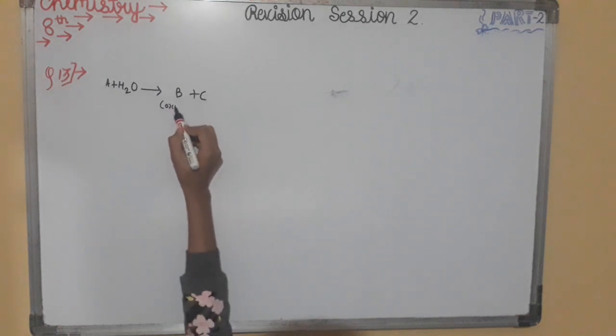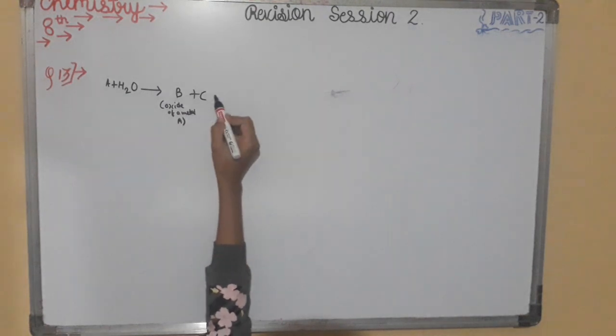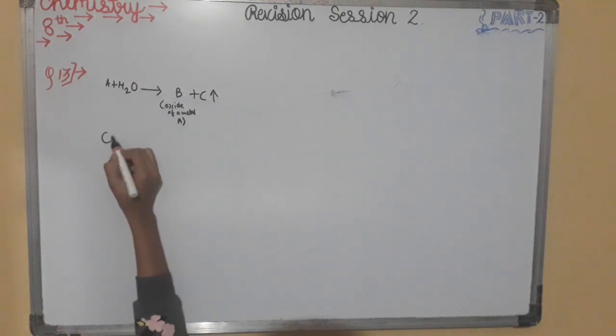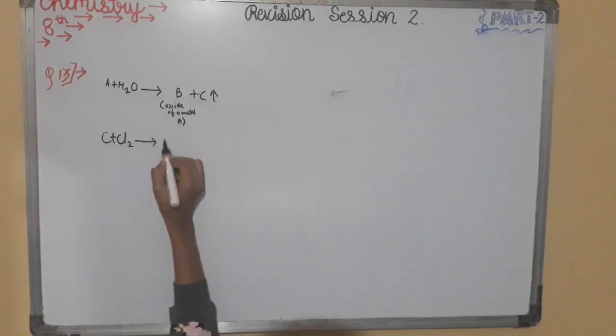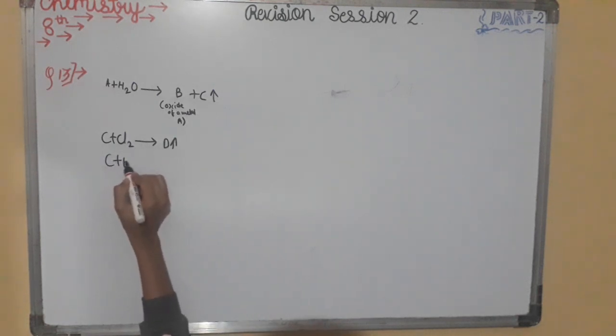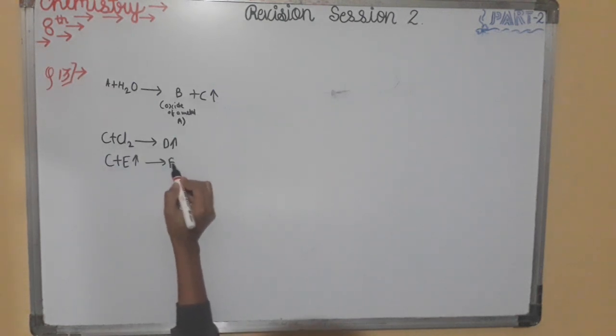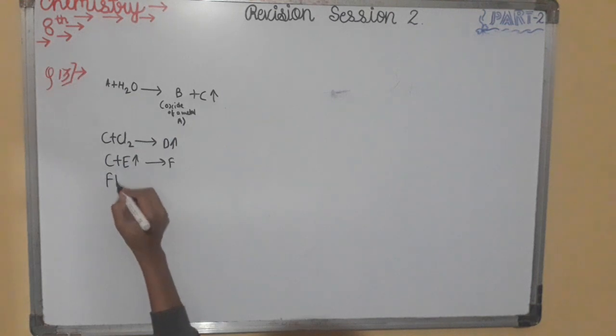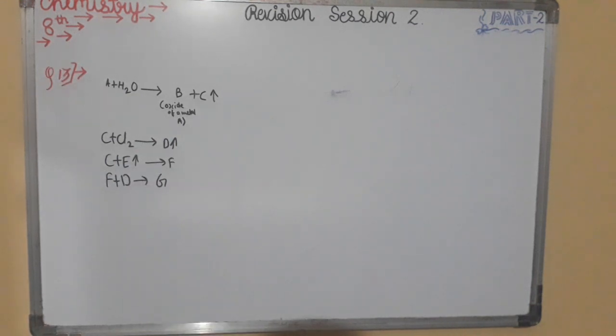B is an oxide of metal A. C is a gas. Then C plus Cl2 gives D gas. Then C plus E gives F. F plus D gives G, dense white fumes.